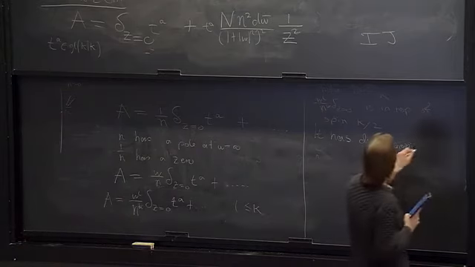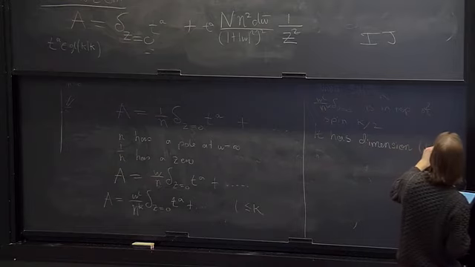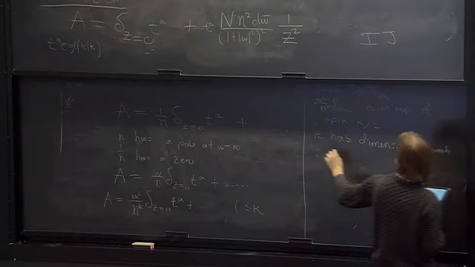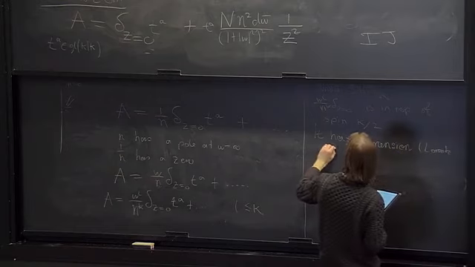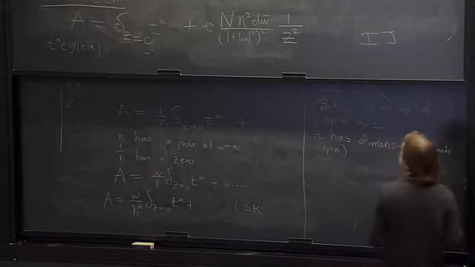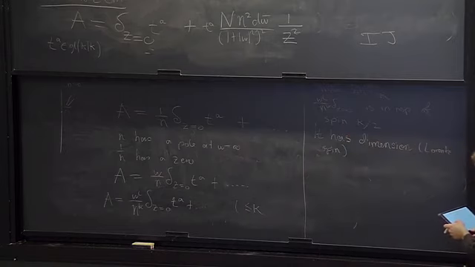And as a dimension, I kind of Lorentz spin. If I get this right, well, it should have dimension k over 2 plus 1.